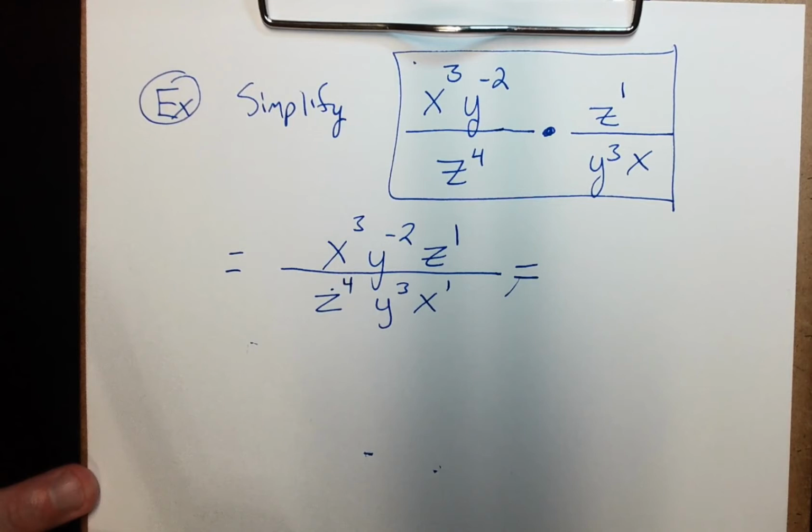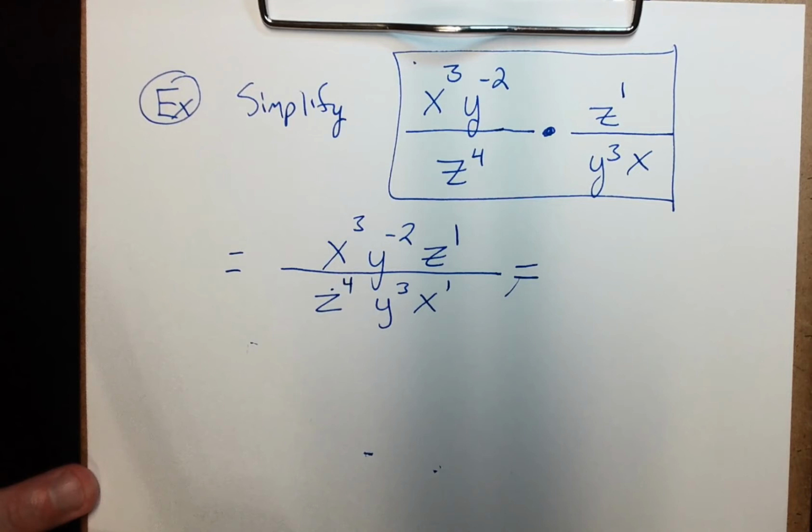So what you would do is just rewrite this as one fraction. So you have x to the 3 on top, y to the negative 2 on top, z to the 1 on top, and on the bottom, z to the 4th, y to the 3rd, x to the 1. So you've got all your stuff written in one fraction.